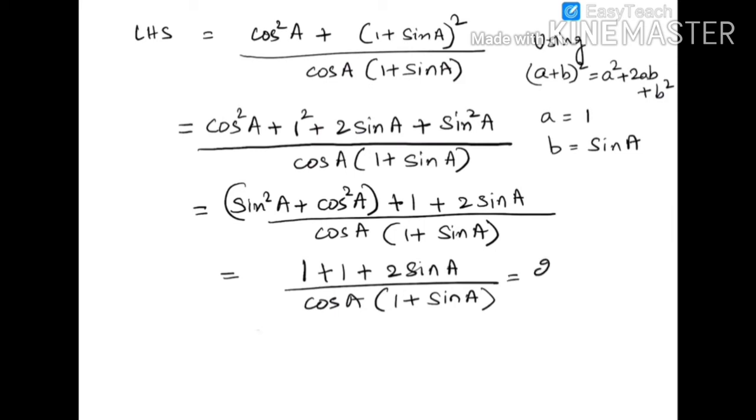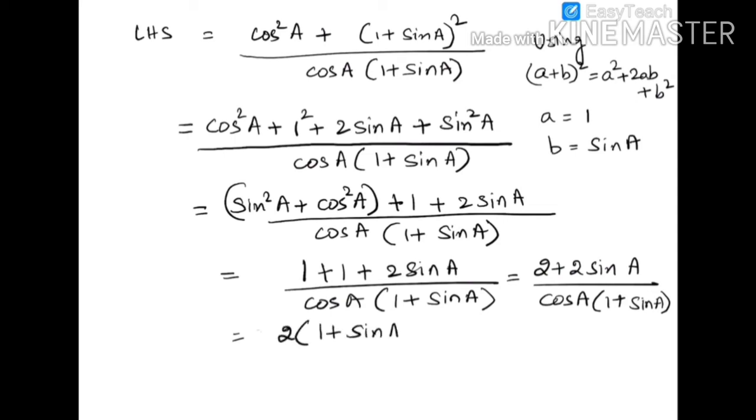So this is equal to 2 plus 2 sin A divided by cos A into 1 plus sin A. Now we can take 2 common from these two terms. So we get 2 in brackets 1 plus sin A divided by cos A into 1 plus sin A. So this bracket can be cancelled.